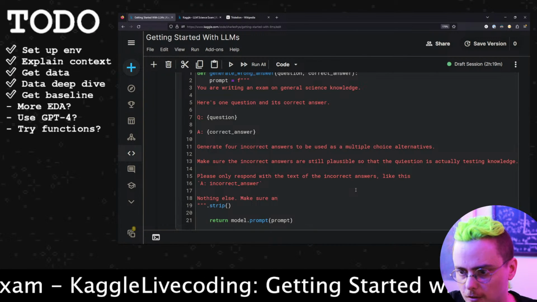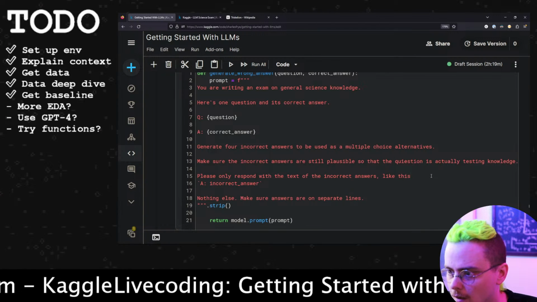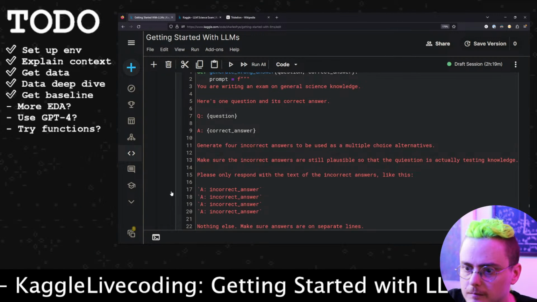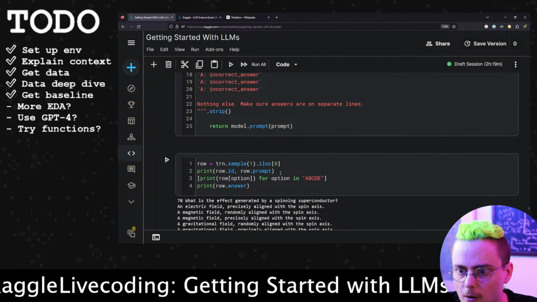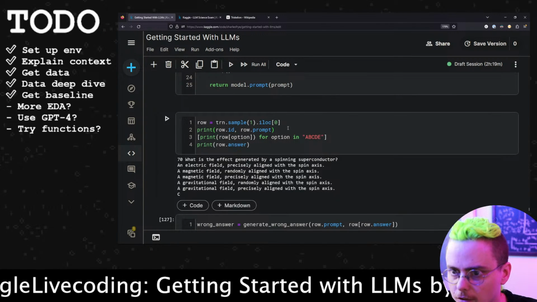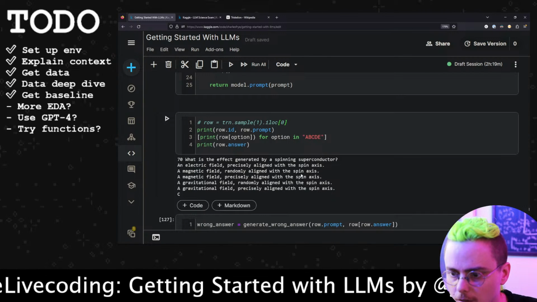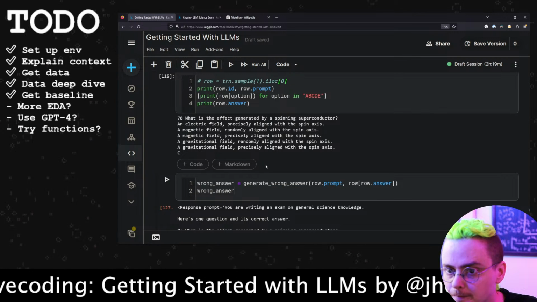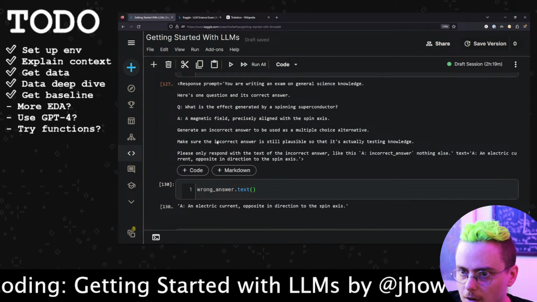Make sure answers are on separate lines. Okay, so that'll generate 4 of them, and I'm trusting the language model to have the context required to know that it shouldn't give the same wrong answer multiple times.